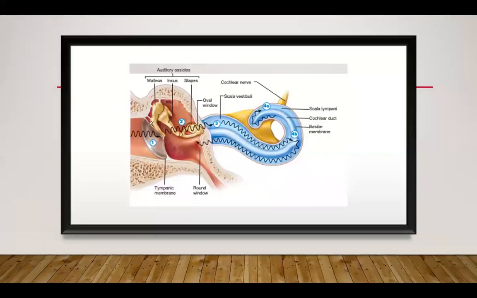As the tympanic membrane vibrates, it causes the vibration of the malleus, incus, and stapes. So these three bones are vibrating. Now, the vibration of the stapes passes through the oval window into the scala vestibuli. And these vibrations are going to be passed to the cochlear duct. So the vibration from the scala vestibuli is going to be passed down to the cochlear duct.